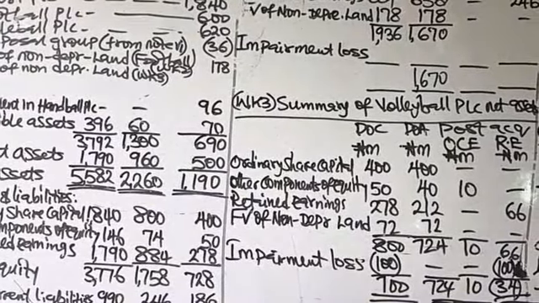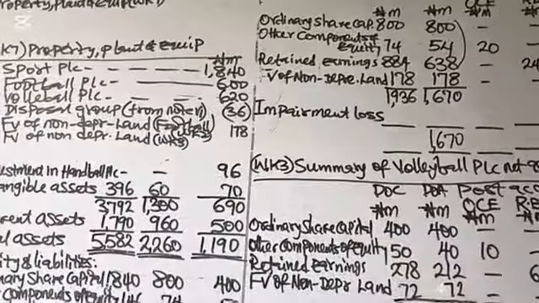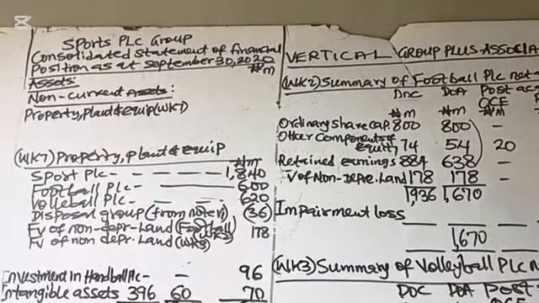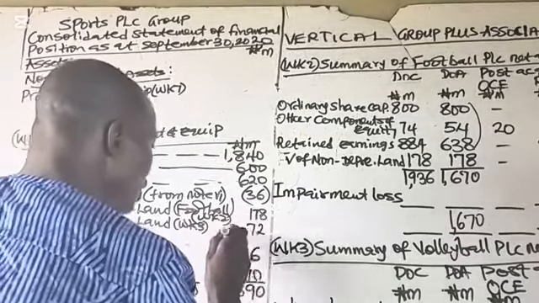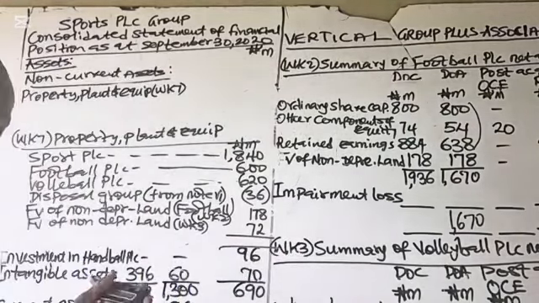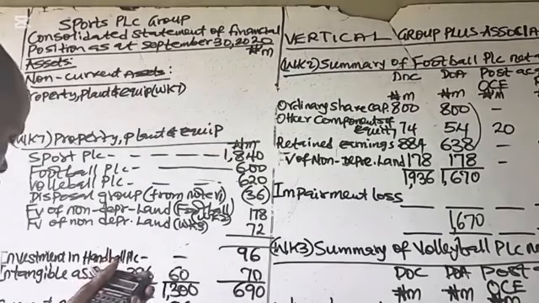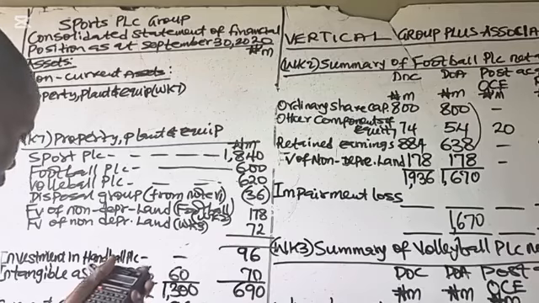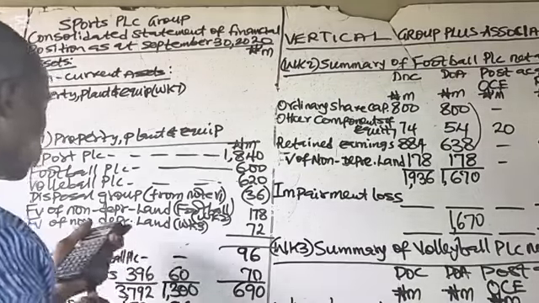So, if you now sum up everything, 1840 plus 600 plus 620 minus 36 plus 178 plus 72, we have 3,274.